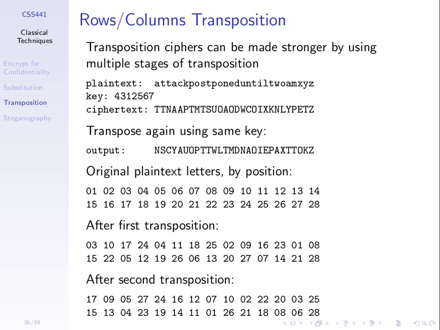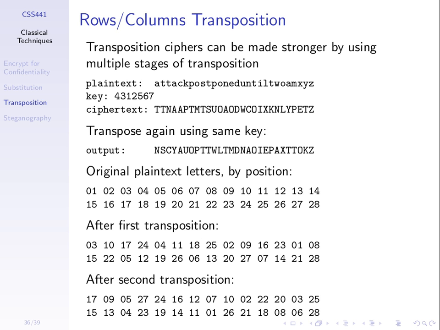Then if we take that ciphertext, TTNAA, and so on, and apply the operation again, we rearrange more, and we get NSCYA. And the first letter from the plaintext, A, in the first position, after the second operation, ends up down here, which is the 22nd position.